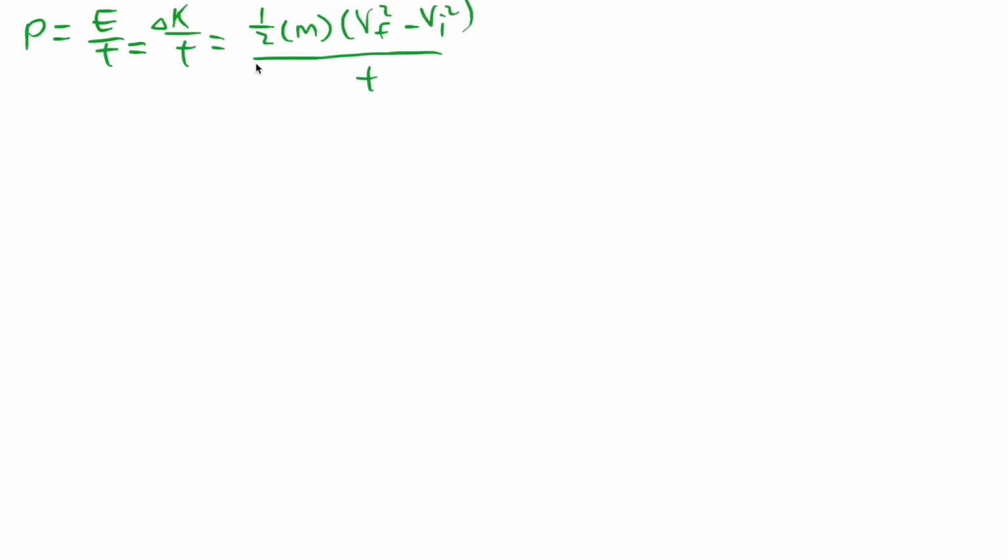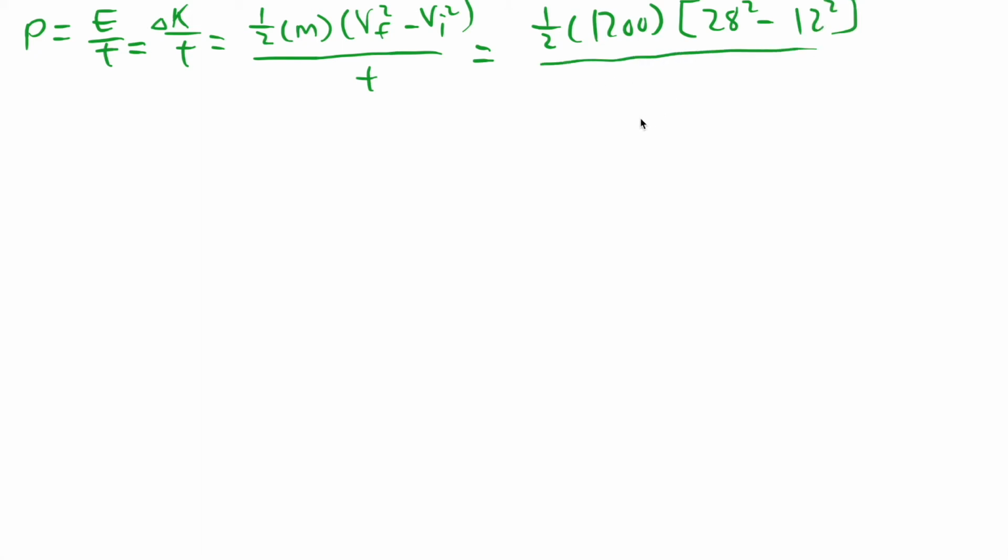So this is going to be equal to a half times 1,200 times 28 squared minus 12 squared over delta t, the change in time, and that is going to be equal to the power.